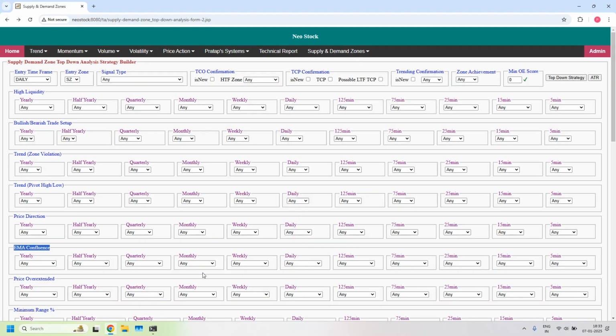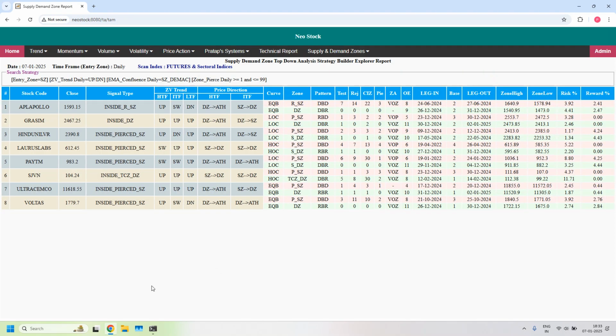In the EMA confluence at a daily time frame, I am setting the filter daily supply zone having daily EMA confluence, and the trend at daily time frame should not be sideways. It can be up or down trend. Let's filter. We got 8 stocks. These 8 daily pierced supply zones are having daily EMA confluence.